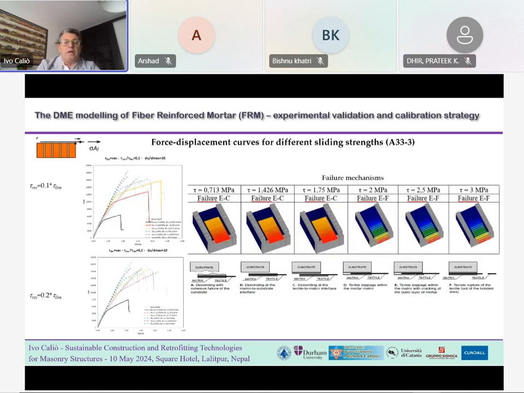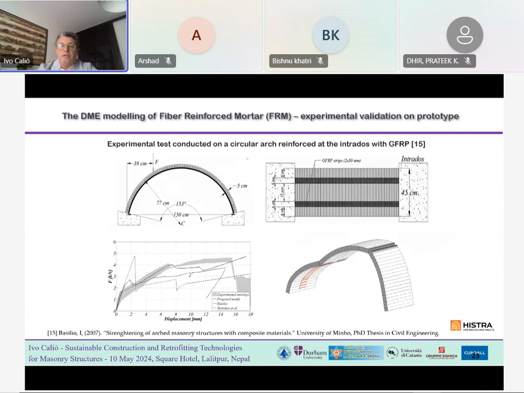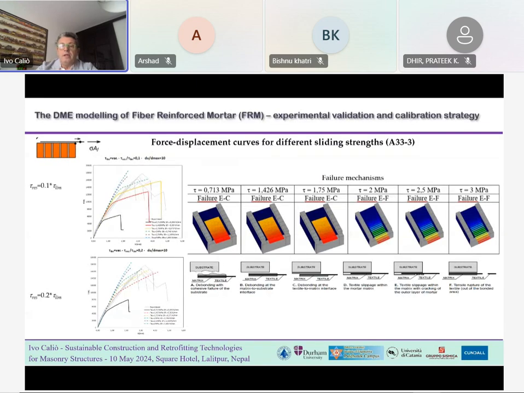We also did some comparison considering the different types of failure that this kind of retrofitting can exhibit, considering also the possibility to consider the concave or convex surface of the specimen. And a very good agreement we obtained in this structural modeling.